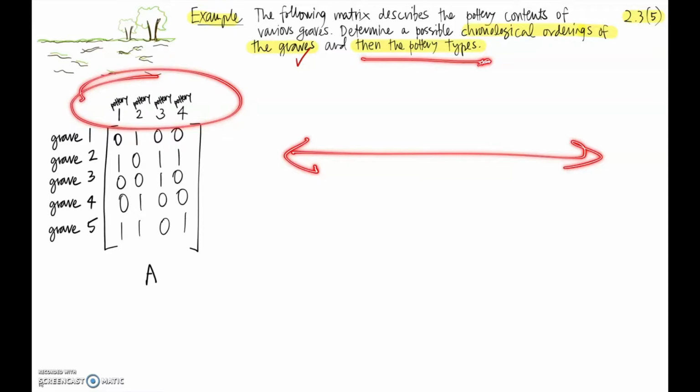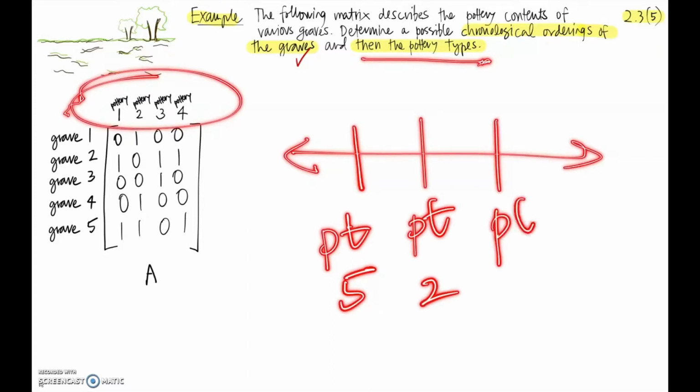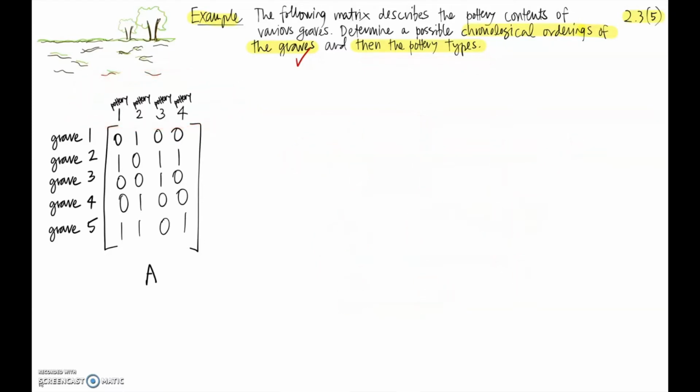But just as we were ordering the graves chronologically, one job of an archaeologist could be to order these different pottery types chronologically. So maybe pottery type 5 came really early, and then it was pottery type 2, and then pottery type 1. And we're going to use a similar treatment of this matrix to order these pottery types.